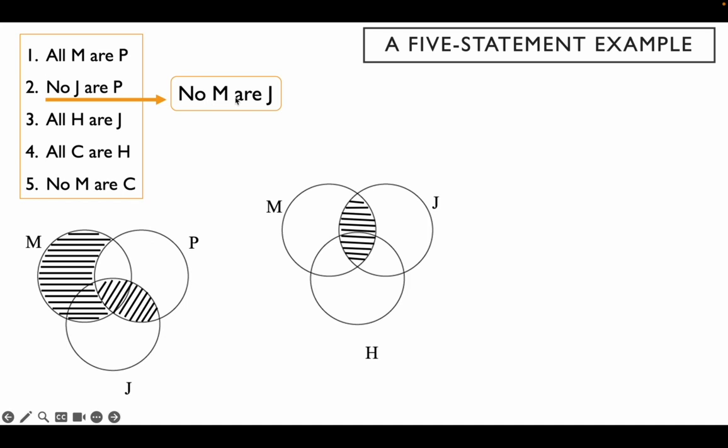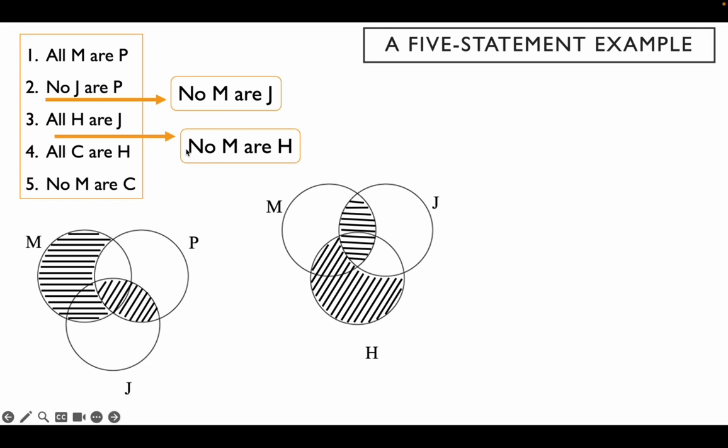So we have no M are J, which is diagrammed as such. And we have to diagram now all H are J, which we diagram this way. Now, what conclusion can we derive from this diagram? Well, clearly, we can derive the conclusion that no M are H.